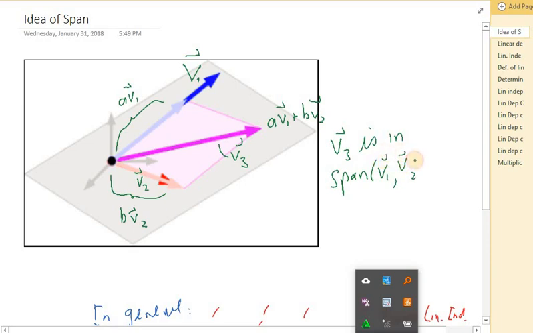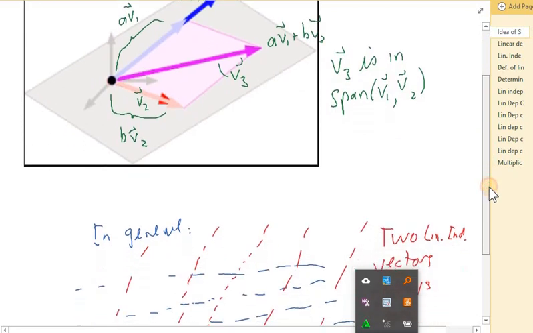Now, I claim that the span of V1 and V2 is the entire plane. How can you see this? Well, think about a city and making city blocks, some roads parallel to V2 and some roads parallel to V1. If I did that, I could make a city block.